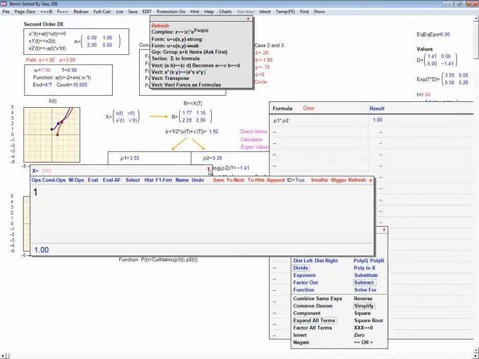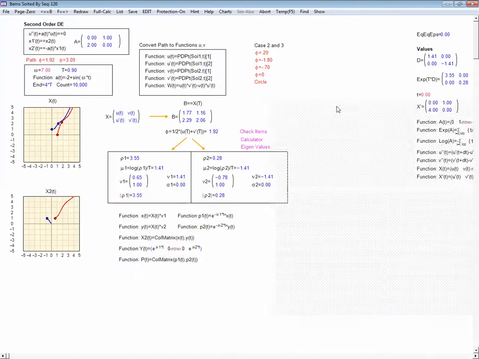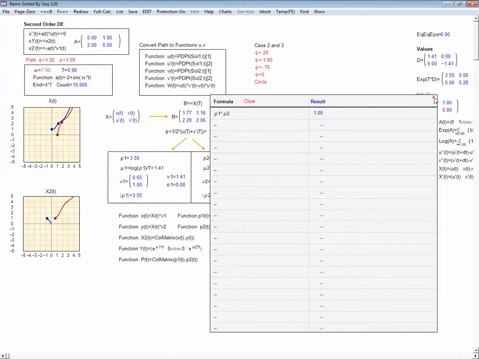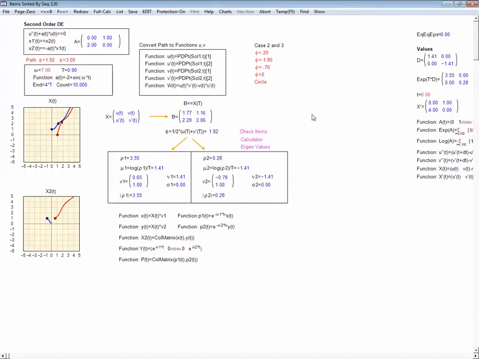So that's why we can say that one of these eigenvalues is greater than 1 and the other is less than 1 and positive. So what does that mean as far as stability is concerned? Right away we've answered the stability question.